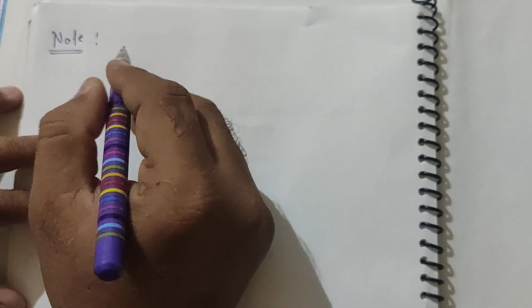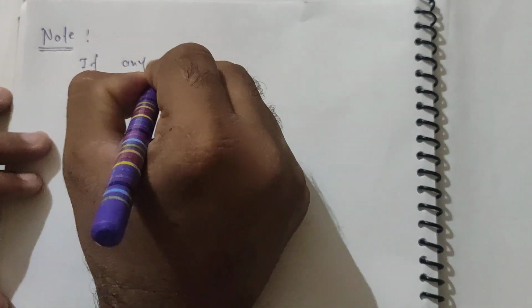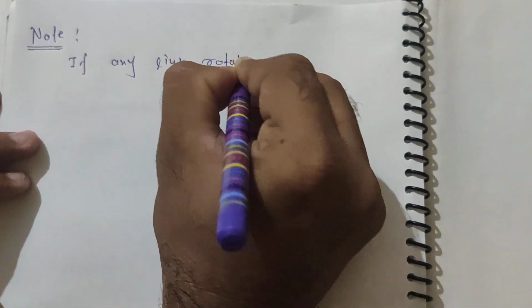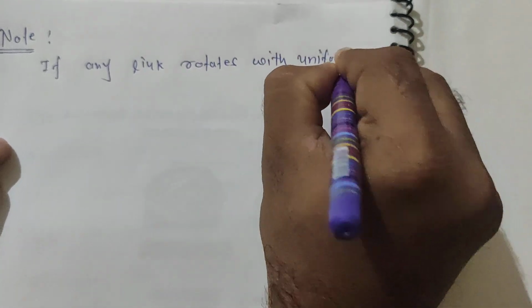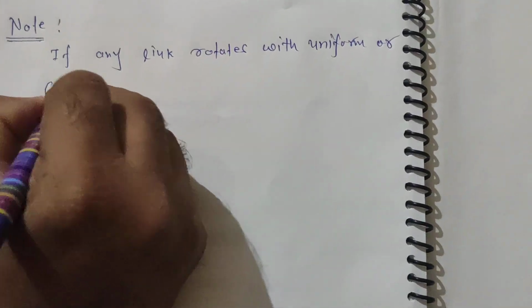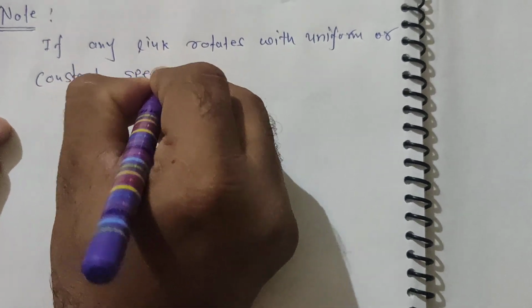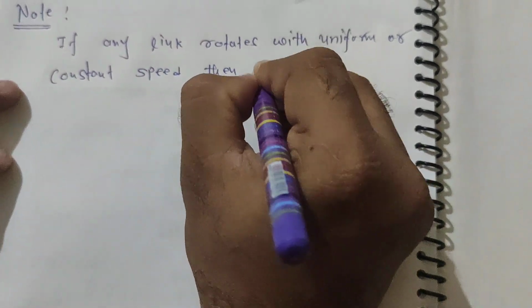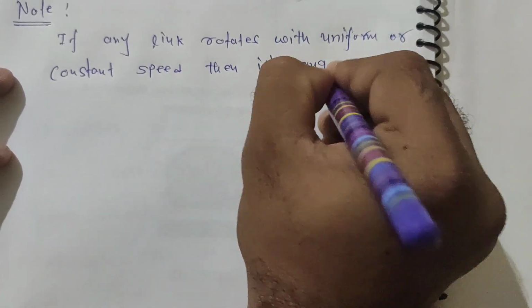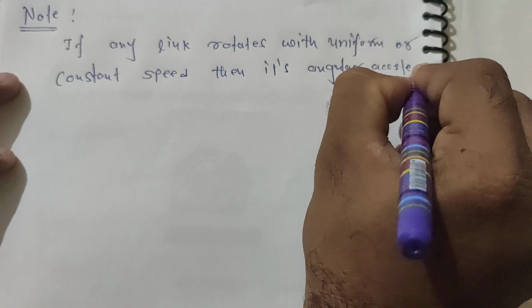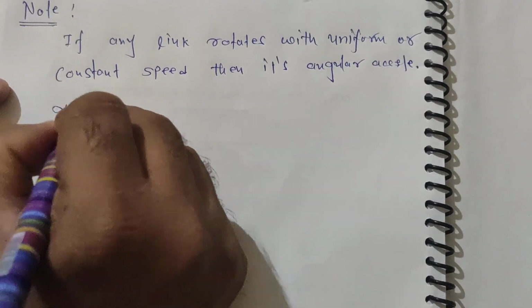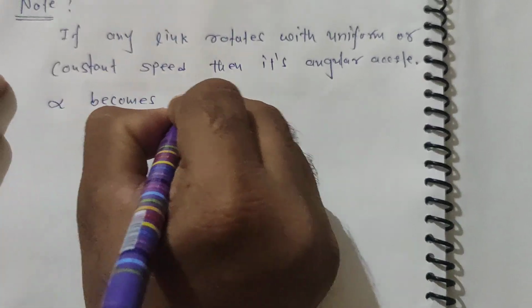Now, a very important point for the acceleration diagram. You must note down that if any link rotates with uniform or constant speed, then its angular acceleration alpha becomes 0.